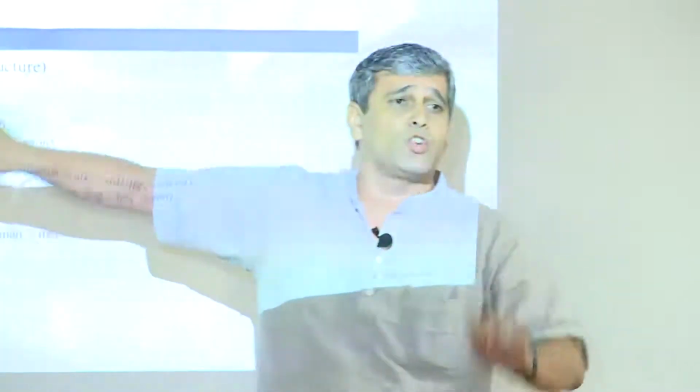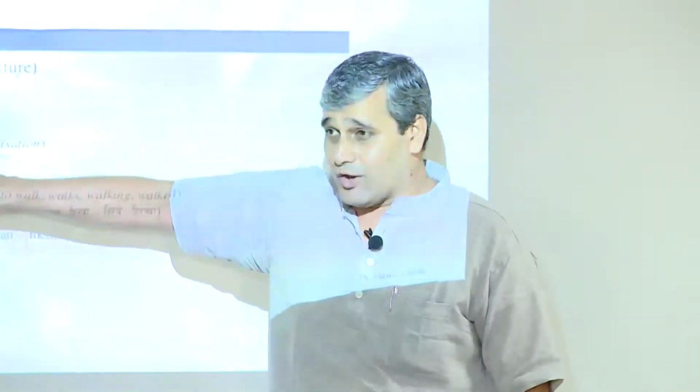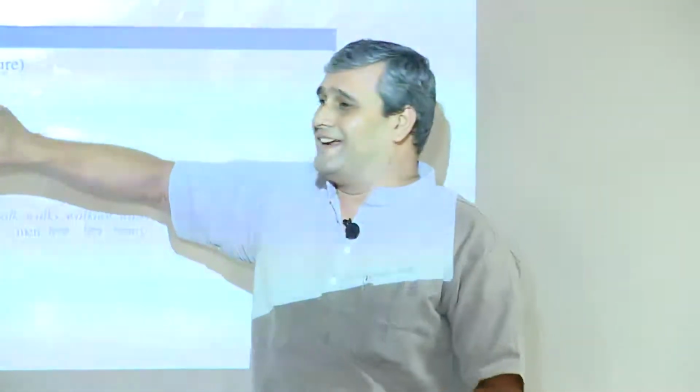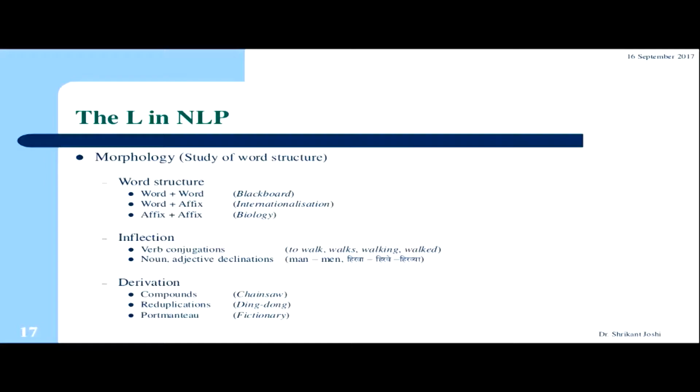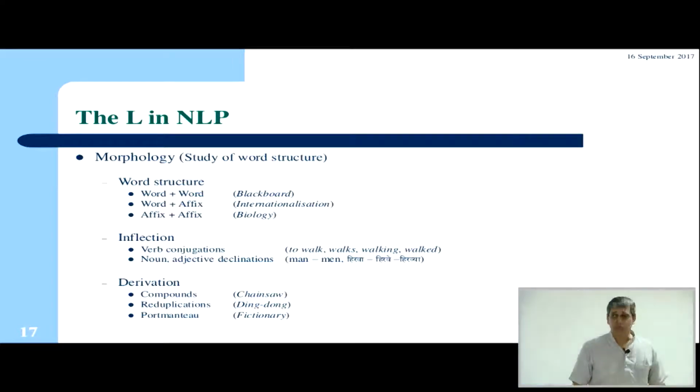Now, this terminology is not exact. If some linguist were to see this, they would catch me by my throat right now, because I am not being technically exact with the terminology, but I am just simplifying things for the sake of discussion. And then there is this phenomenon called inflection in language, which covers the verb conjugations. So you have tenses, present tense, past tense, future tense, first person, second person, third person, singular, plural, etc. You had all these conjugations, right.